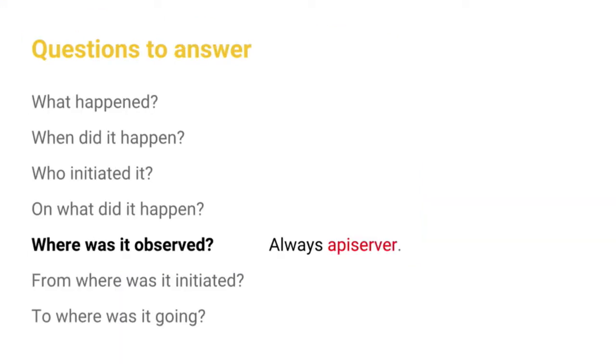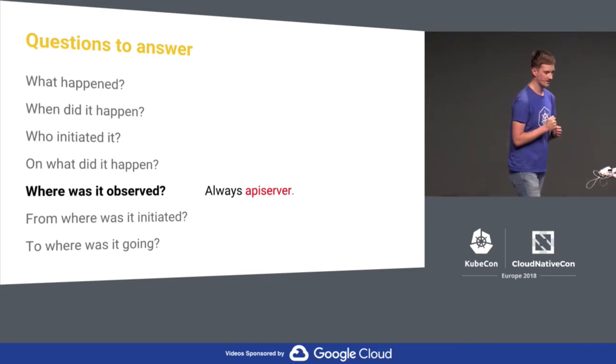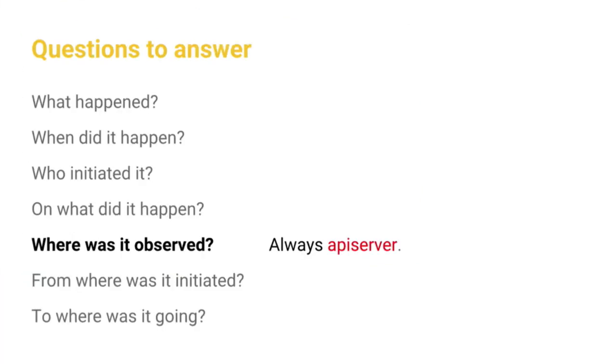Audit logging is a part of the API server. It records all requests to the API server, so it was observed on the API server. But you may wonder, what if we have some multi-cluster, let's say a regional cluster running, and we have multiple instances of API server? Unfortunately, we don't have this information in the audit event, but I will tell you how you can get it.